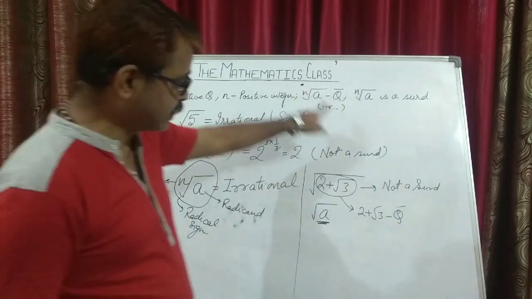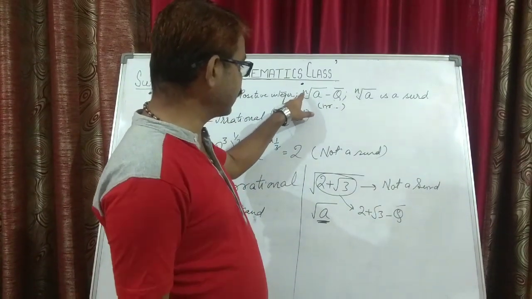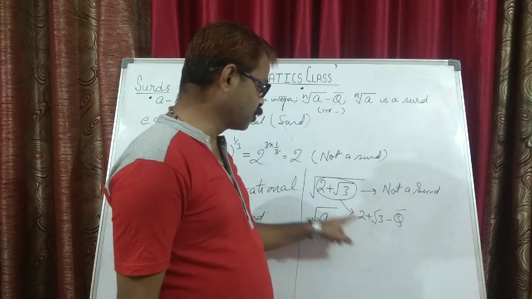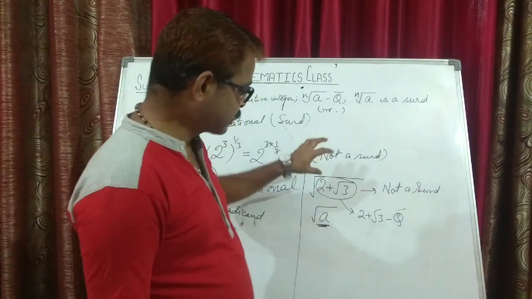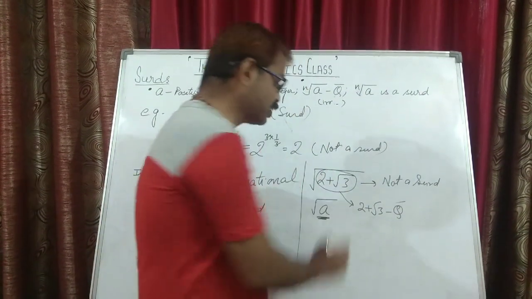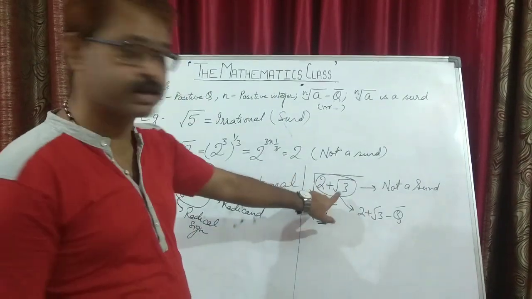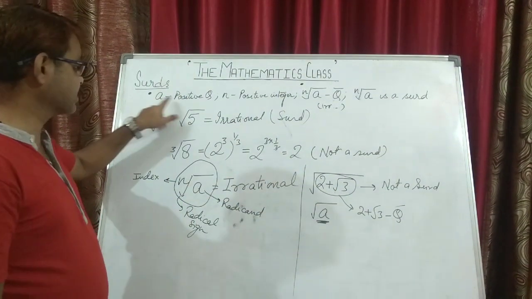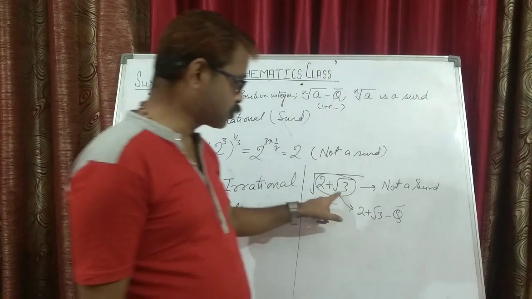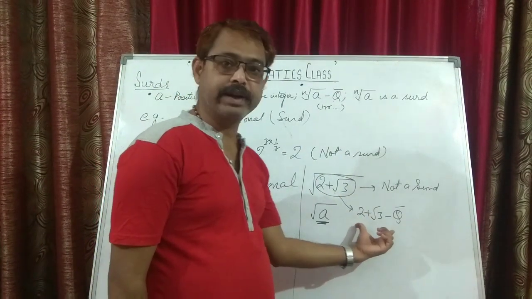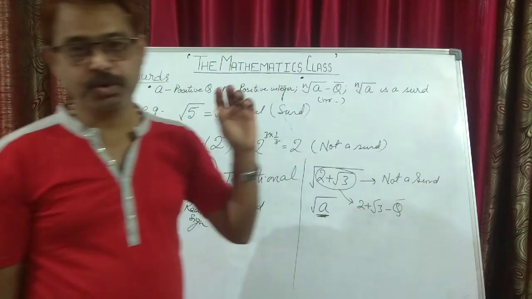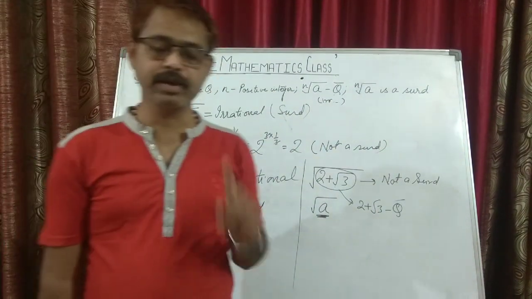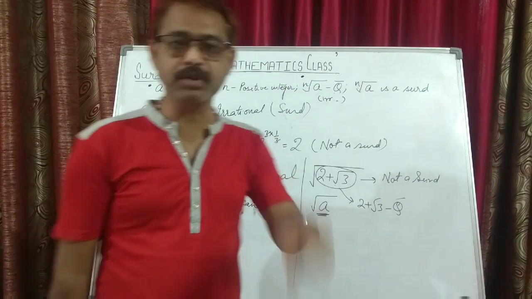So one condition it is satisfying, that nth root of A is irrational, but since the number itself is not rational, it is not satisfying the first condition, that A is a positive rational number. So therefore it is also not a surd.